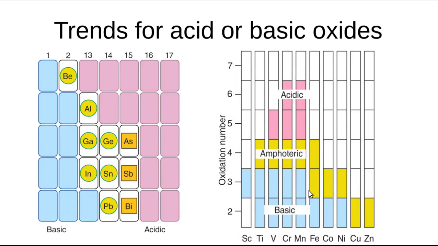Chromium and manganese 6 plus, for example. CrO3 is a very, very acidic oxide, while CrO or Cr2O3 do have some basic character. I would move this Cr2O3 as amphoteric, actually. Maybe not.